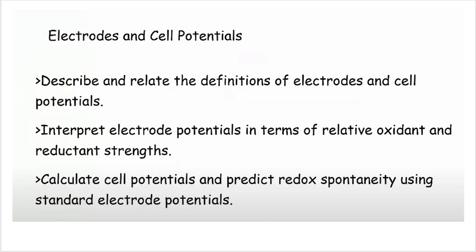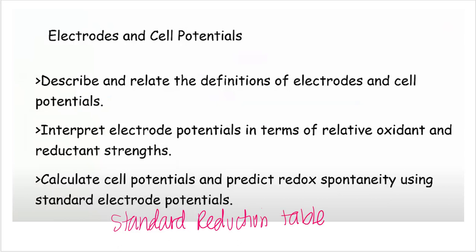And this is where you're going to need your standard reduction table, or your standard reduction potential table. Most of the next slides have cut and pasted what we need from it, but it will help you to see where these numbers are coming from.